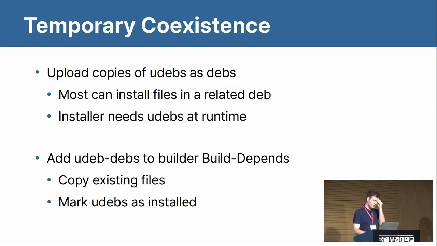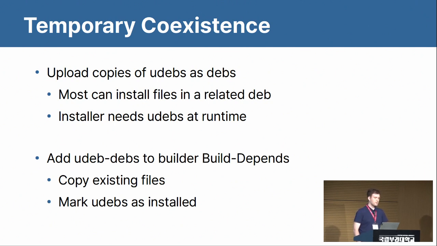So after doing that, we have this temporary state of coexistence, or co-installability, let's say. But we could move towards that temporary coexistence state of udebs and debs, where we can upload copies of udebs as debs.